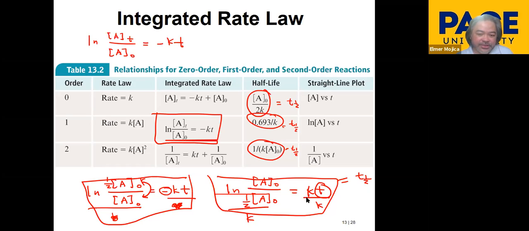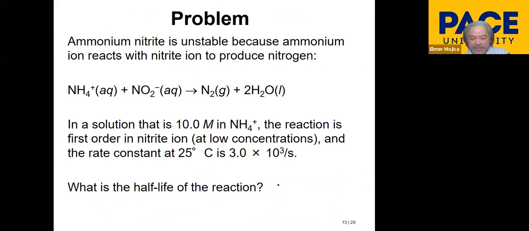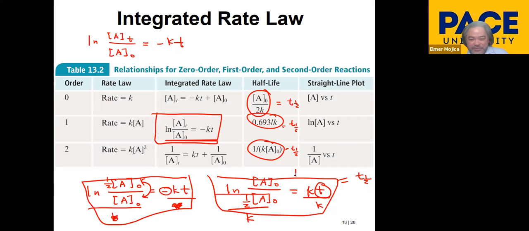So when I do that, what will happen here? This is the initial concentration over 1/2 of the initial concentration. So if I simplify, that is straight ln of 2. So this just becomes ln of 2 over k.